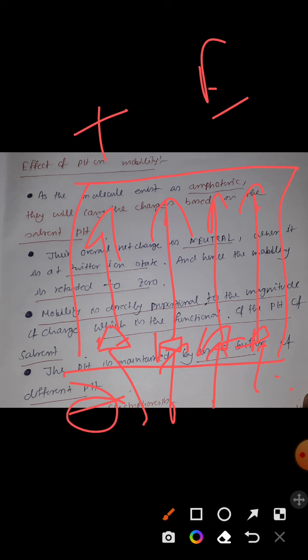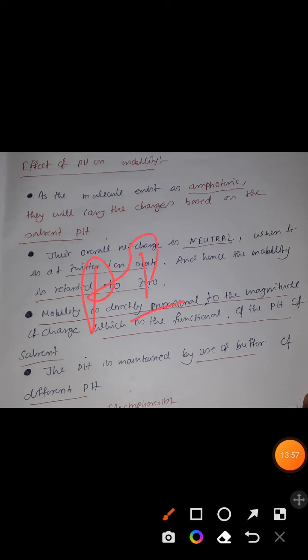So that is the normal migration. When the molecule is in the zwitterionic condition, the overall net charge is neutral, so the mobility is 0, because it will neither move towards the positive electrode nor towards the negative electrode. In case of protein, this situation is called the isoelectric point.